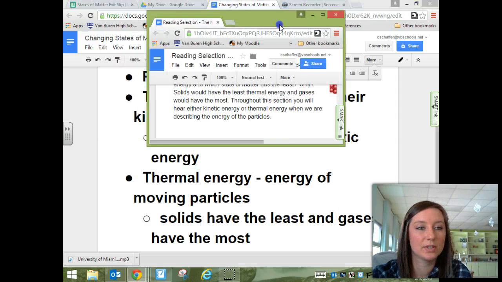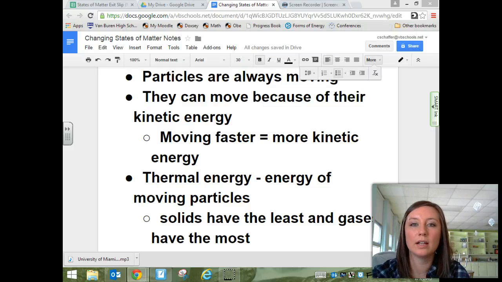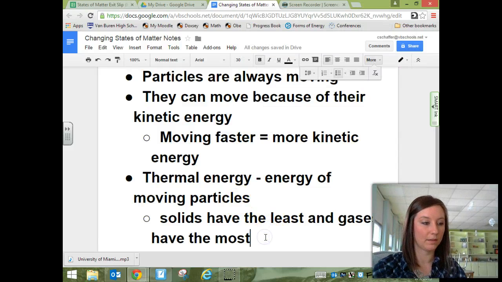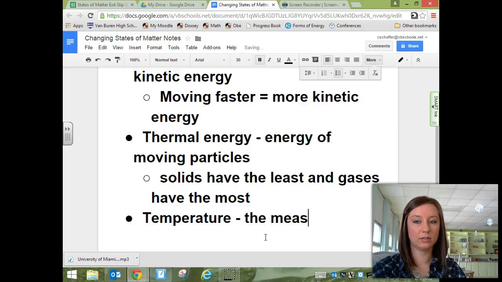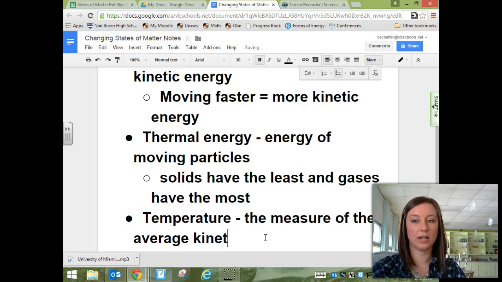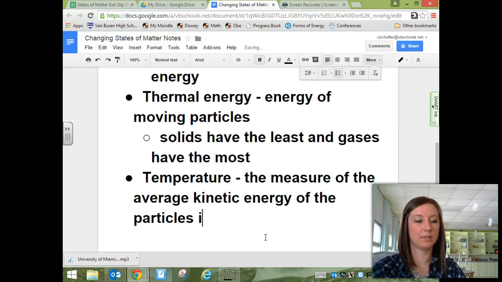So let's add this to our notes, and then I want to show you a little simulation. Temperature: the measure of the average kinetic energy of the particles in a substance.